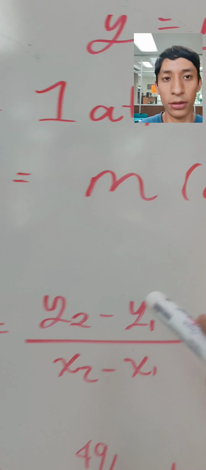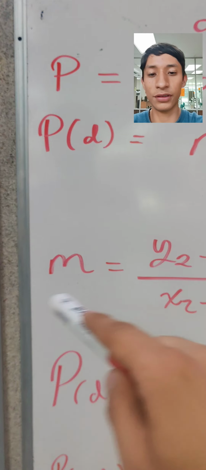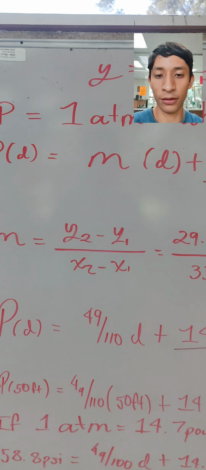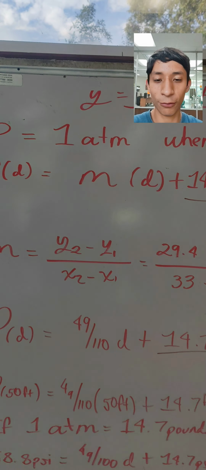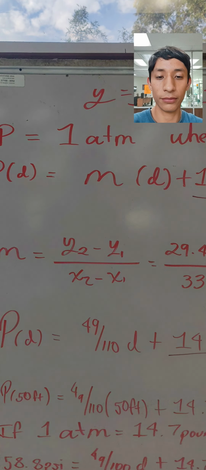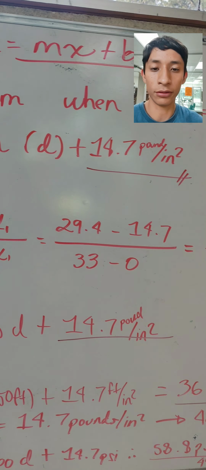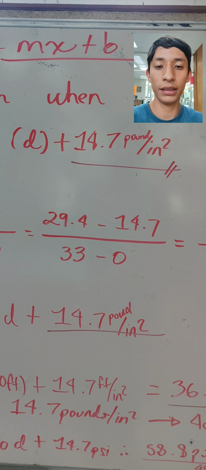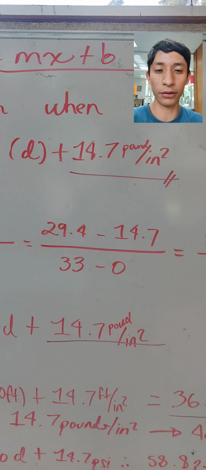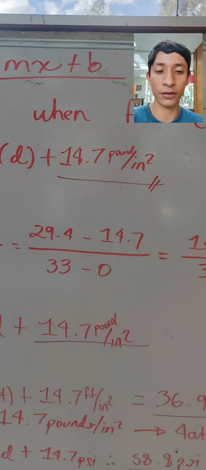And in order to solve for M, we are going to use the equation of M, which is y2 minus y1 over x2 minus x1. So that's 29.4 minus 14.7 over 33 minus 0.